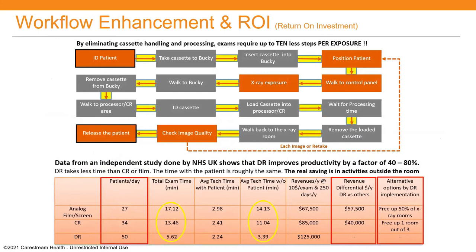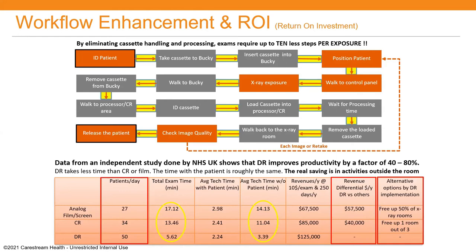There are a lot of steps that are removed, and things can go on quickly. Because of this, you have a significant improvement, and this translates into more efficiency in your environment. So what does it mean when this translates into more efficiency?